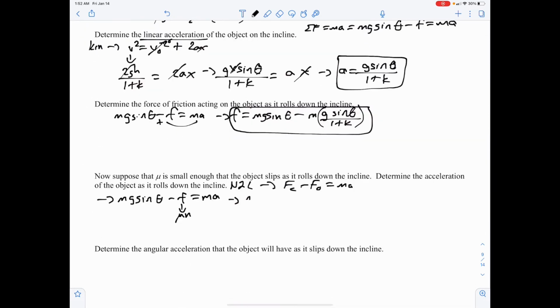So this is really mg sine minus mu mg cosine equals ma. Masses drop out everywhere. And a is equal to g sine theta minus mu g cosine theta.